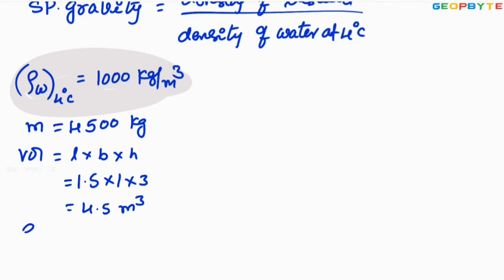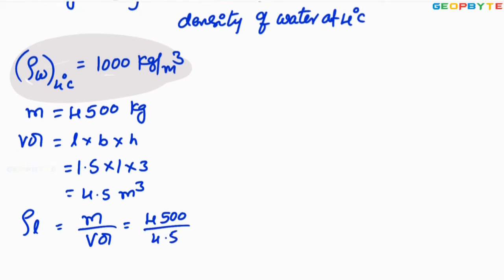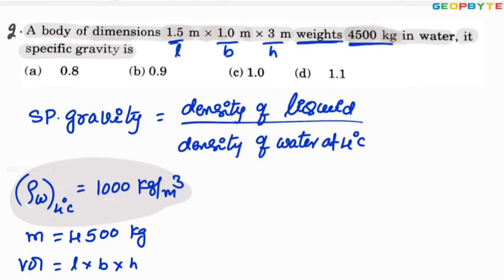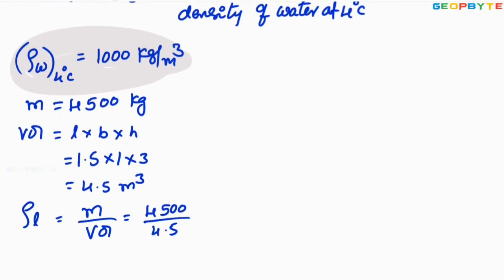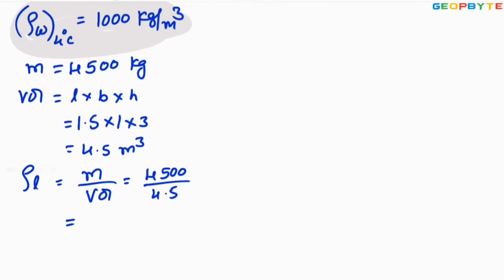Then the density of the liquid equals mass by volume. Here mass equals 4500 divided by volume 4.5. Of course, the given liquid itself is water. Then the density of the liquid equals 1000 kg per meter cube.